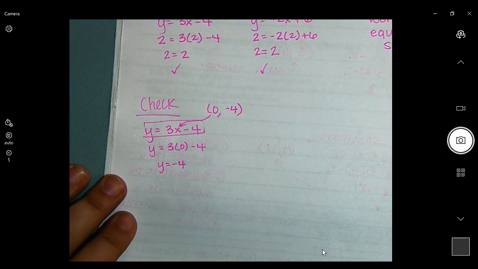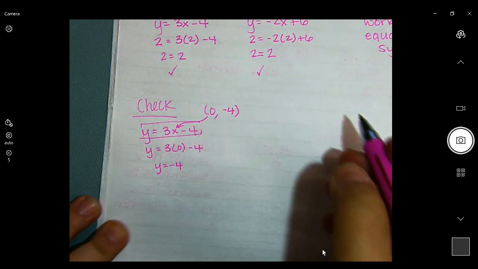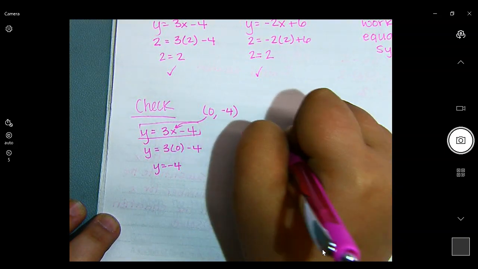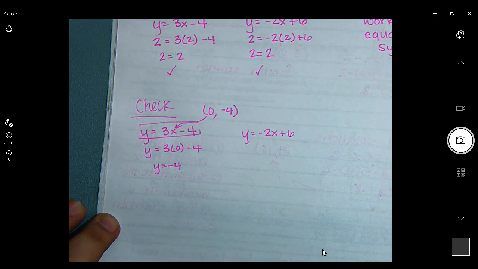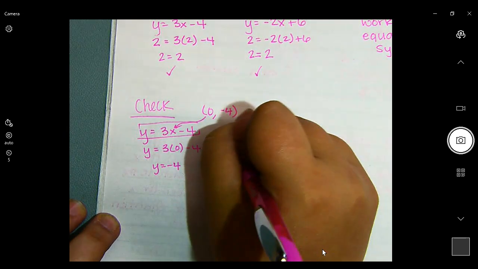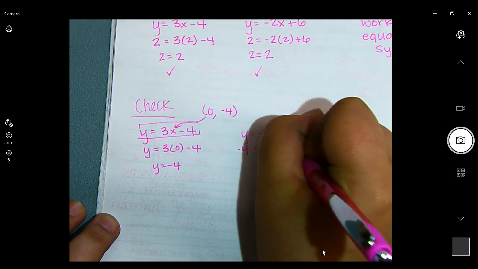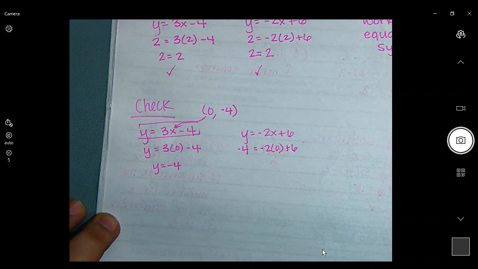But let's check and see if that solution also works for the other equation in our system. So I have y equals negative 2x plus 6. And I'm going to substitute 0 for x and negative 4 for y. Okay, so I have negative 4 equals negative 2 times 0 plus 6.